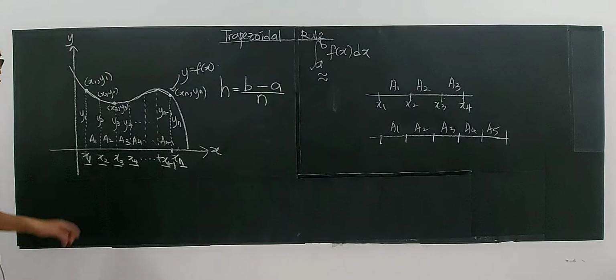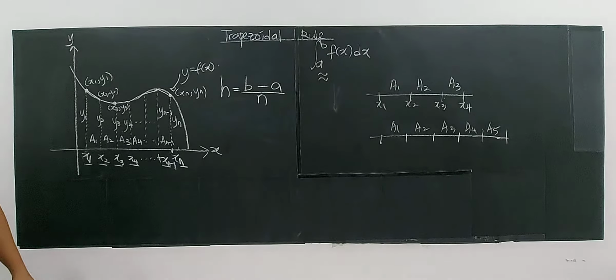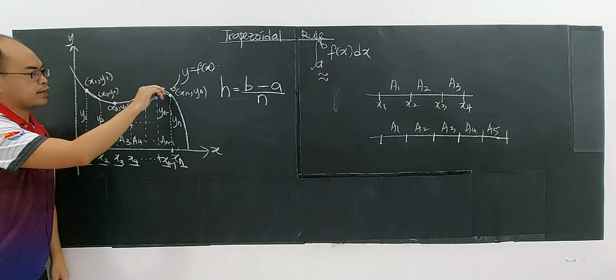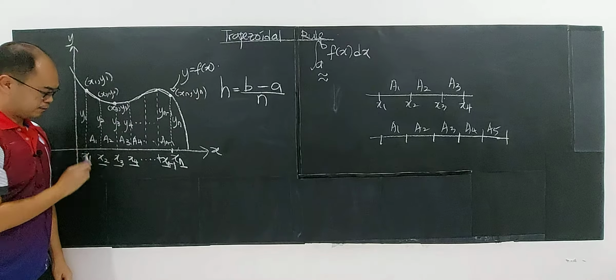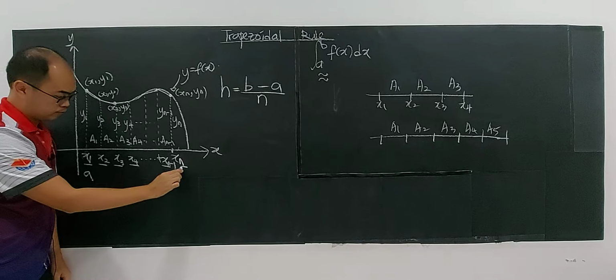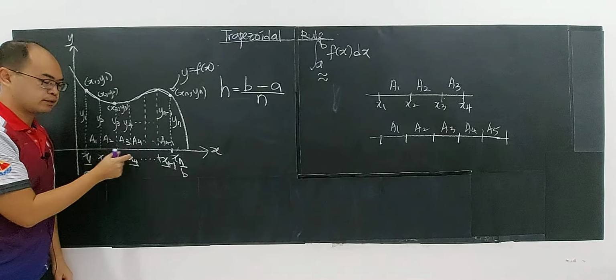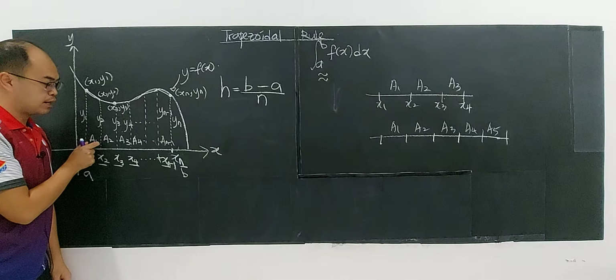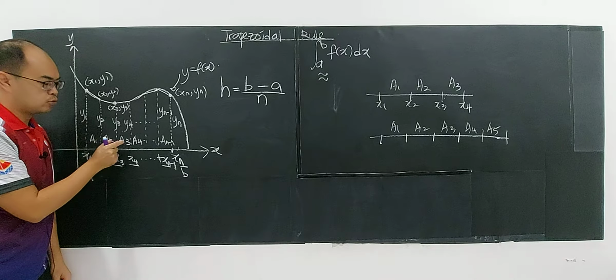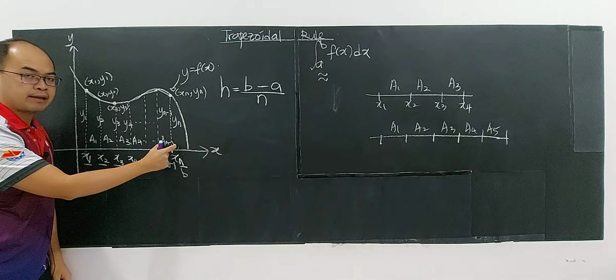So now, how to find A1? As you know, the area under the graph from a up to b can be approximated by adding up all the areas: the area of trapezium A1, A2, A3, A4 until An minus 1.